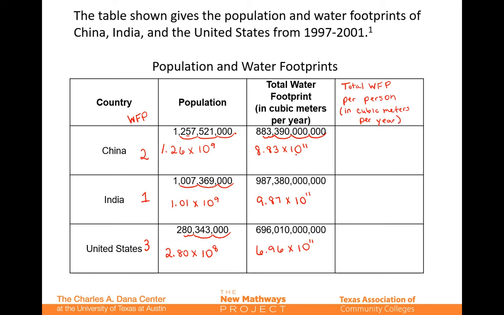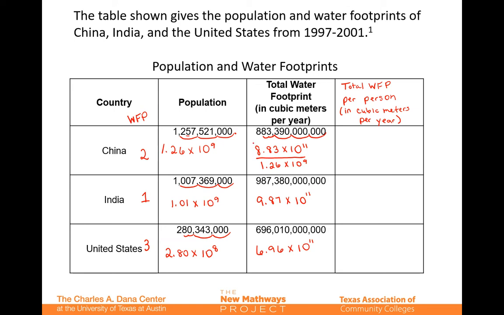I just have to take the water and divide it by the number of people. So I'm going to take this 8.83 times 10 to the 11th, and I'm going to divide it by 1.26 times 10 to the 9th. I'm going to do it in my calculator.